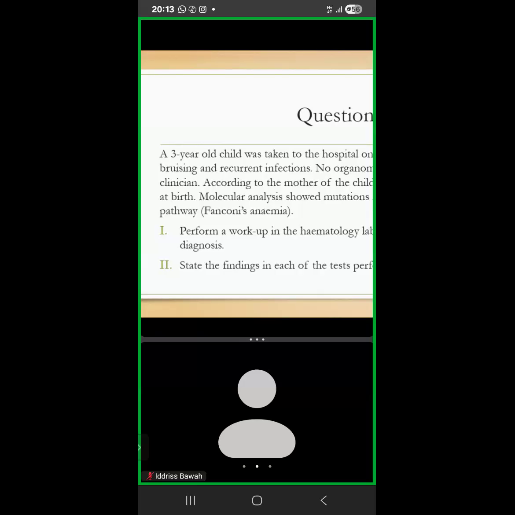In PNH, the problem is not the bone marrow. It is peripheral destruction. So as for the bone marrow, it will produce normal cells, but they will be destroyed in peripheral blood. And therefore, the cells on morphology would appear normal. If it is a myelodysplastic syndrome, then there will be dysplastic changes, as the word suggests.